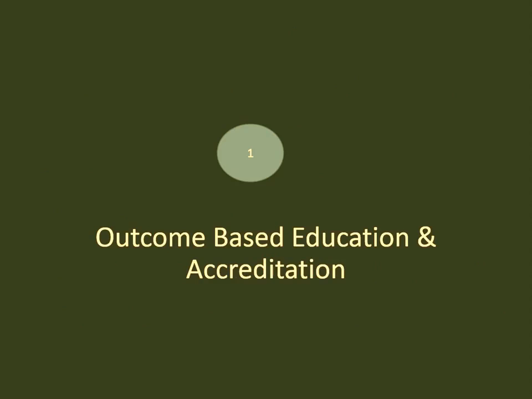So our agenda for the day. First, we're going to talk about outcome-based education and accreditation and try to make some points about the links between the two that we've experienced, and we think you probably have also. We're going to talk about the outcome-based assessment model. Then we'll work specifically about outcomes and outcome statements.